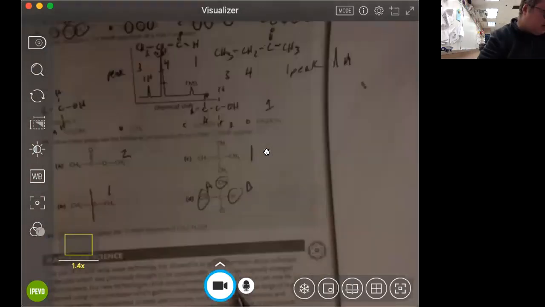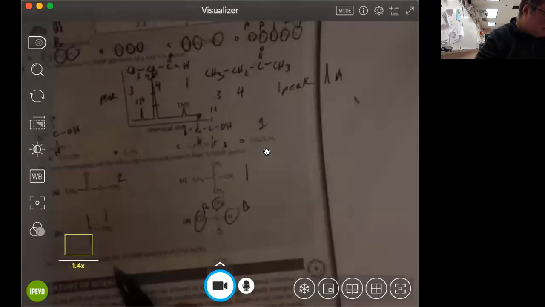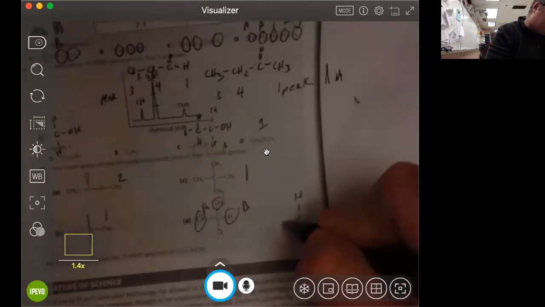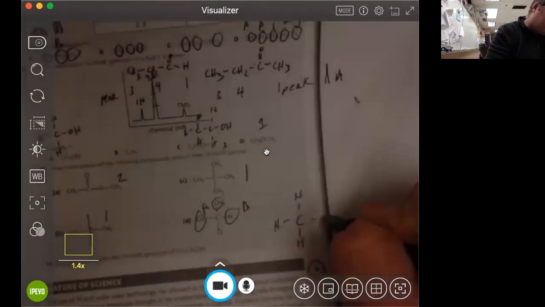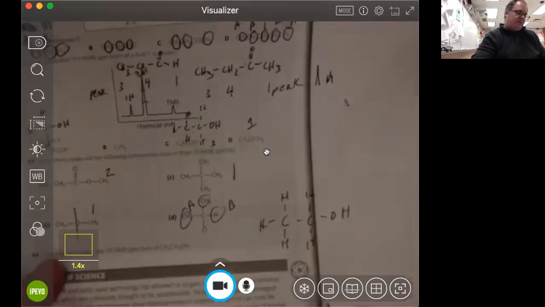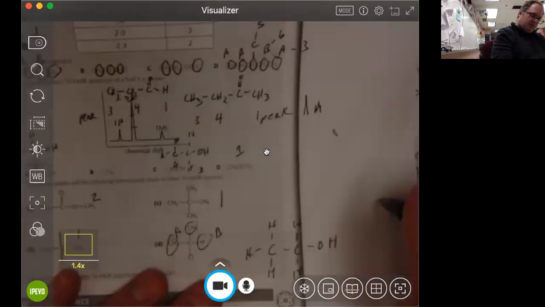All right, describe and explain the H-NMR spectrum of CH3CH2OH. It's going to have 3 peaks because there are 3 different types of hydrogen.